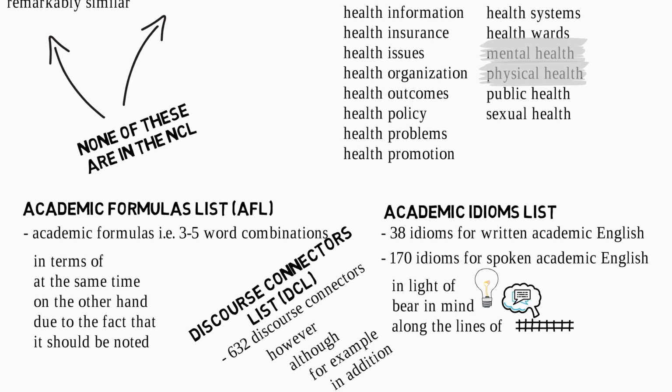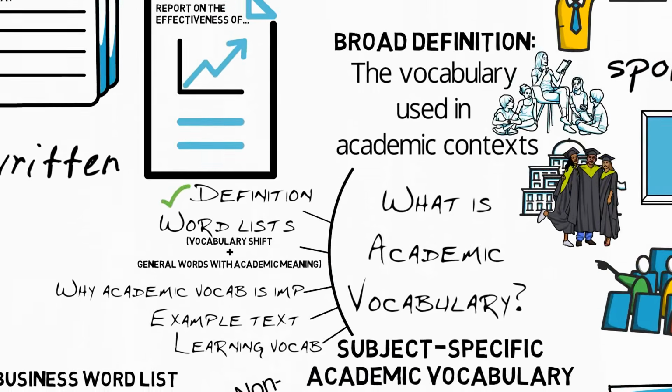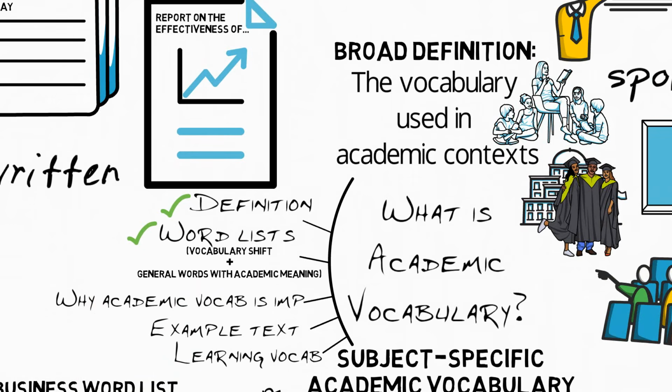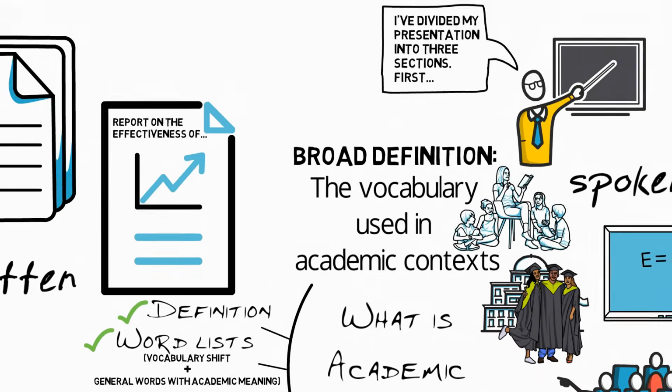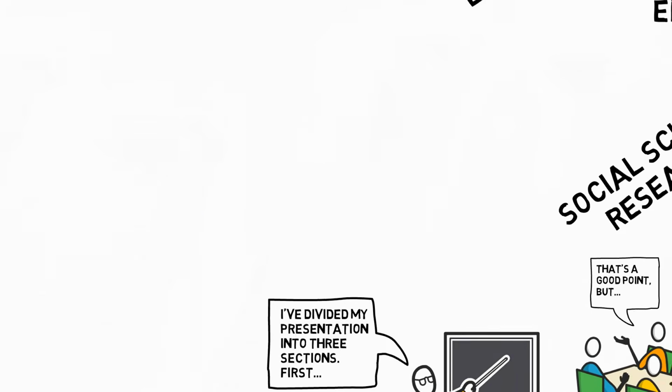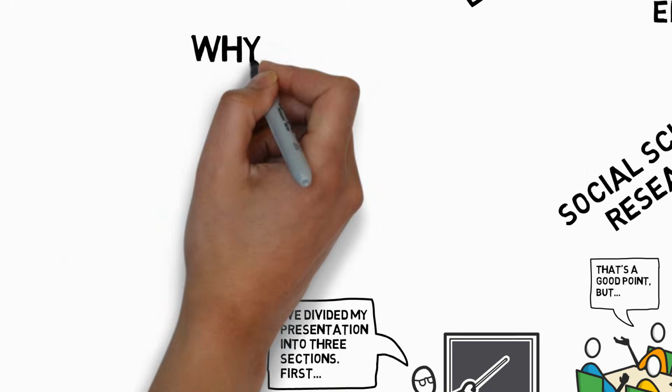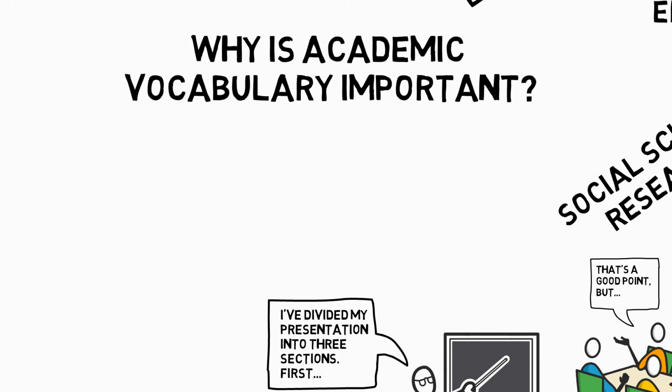Okay, so that's word lists, and we had a little digression there into vocabulary shift and general words with academic meaning. Let's consider now why academic vocabulary is important. Now that we've seen those lists, we can better understand why academic vocabulary is important.